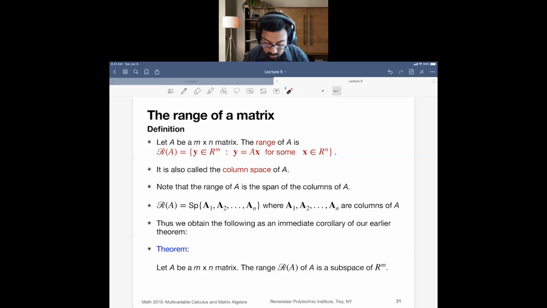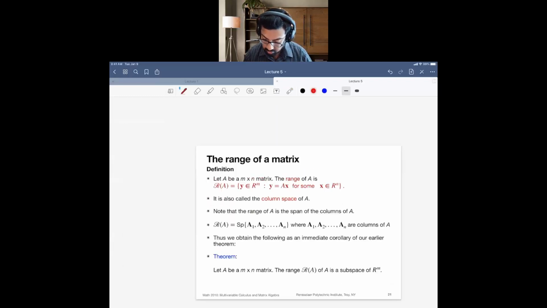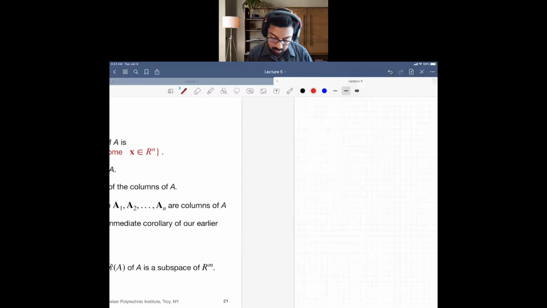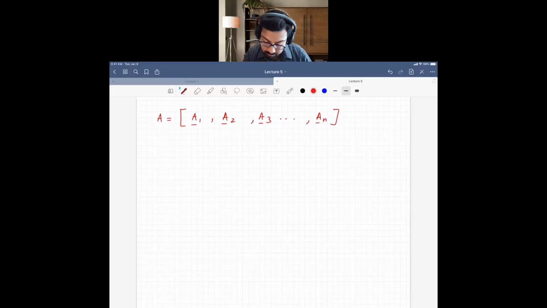So what we are talking about over here is something like this. Let me do this on the next slide. What I'm doing over here is I'm trying to express A as A1, A2, A3, and so on up to AN. These are the columns of A. And when I do AX, what is going to happen?